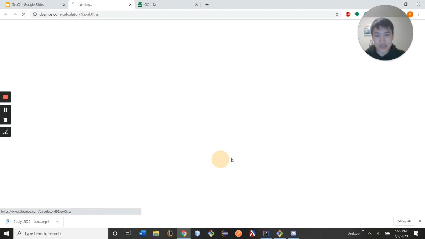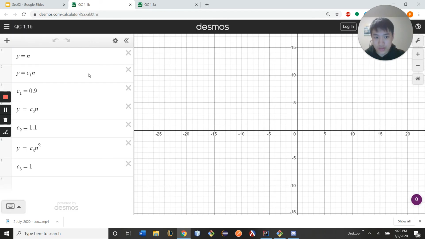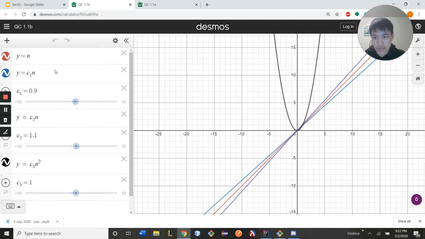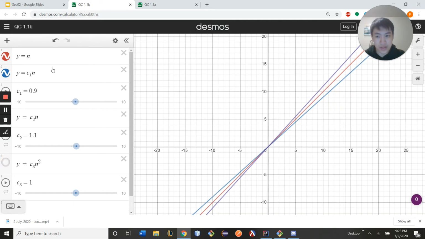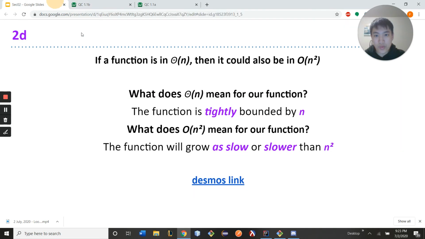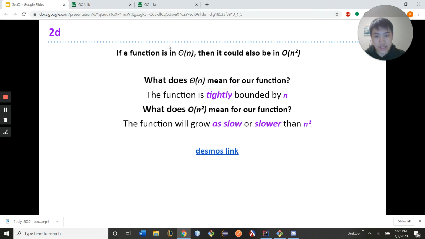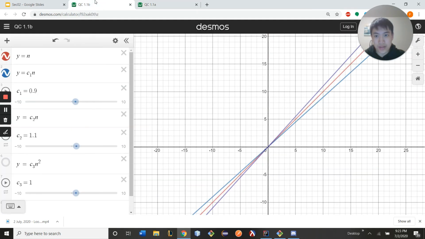So here's the Desmos link that I'll just open up. All right, so first of all, my proposed function is this red function right here, y equals n. We wanted to check if this function is in big theta of n. And to do that, we need to have two multiples of n that in the end will squeeze this red function.